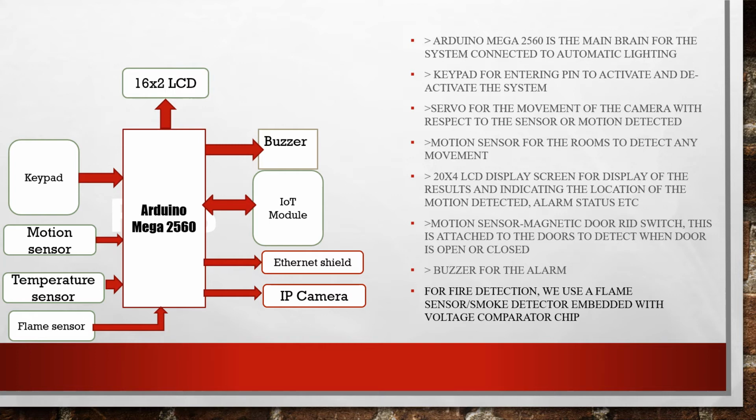All these give the information every time, or if there is a temperature rise or a gas leak, something like that, that will also be given as a message to the owner. That is all done with the voltage comparator chip that is embedded. So these are a few things.